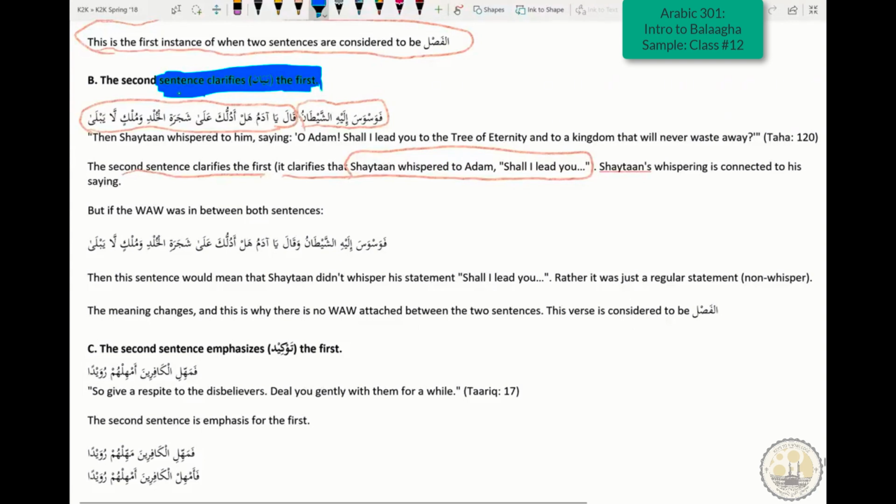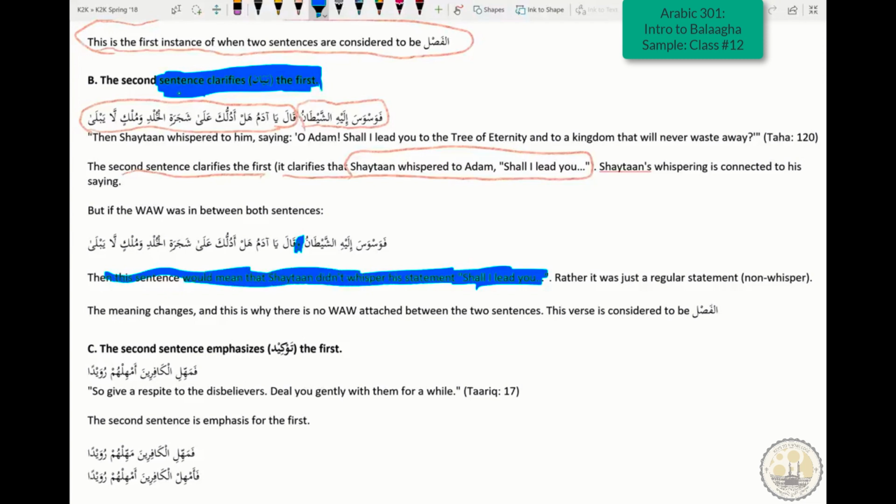But let's just say, yani, not in the Quran, just a regular statement. If we were to say, فَوَسْوَسَ إِلَيْهِ الشَّيْطَانُ wa, if we were to add that waw there, what would happen? Then this sentence would mean that Shaitan didn't whisper his statement. Basically, if you add that waw there, the second sentence does not become a clarification of the first.